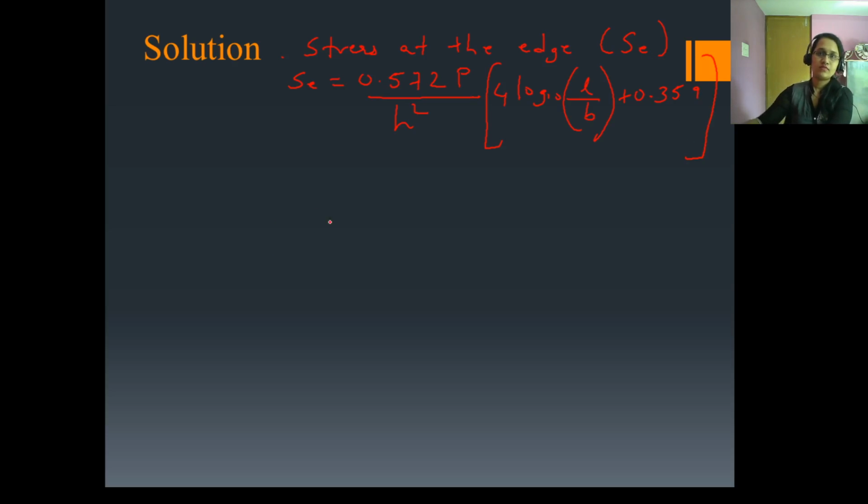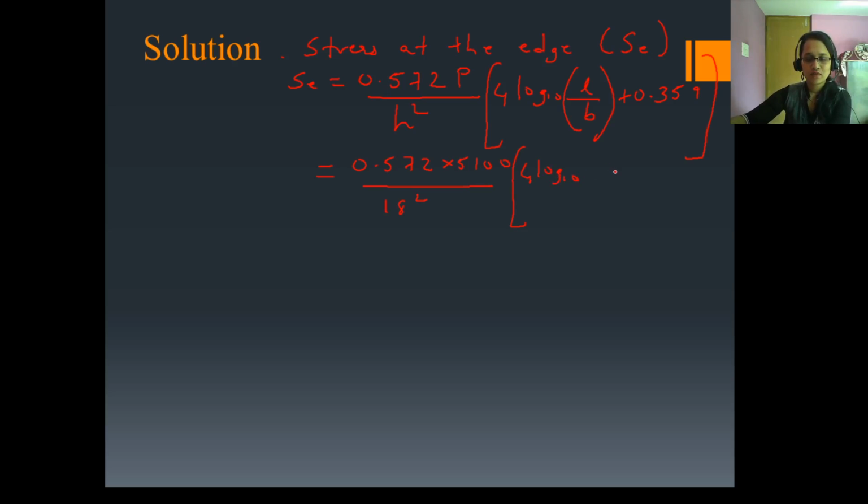Substituting all these values, we know L, we know B, we know P, we know H. So let us substitute this in this equation here. 0.572 into 5100 upon 18 square, 4 log 10. What is L value?